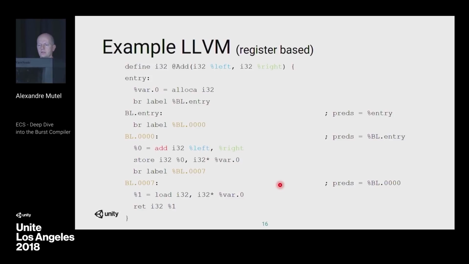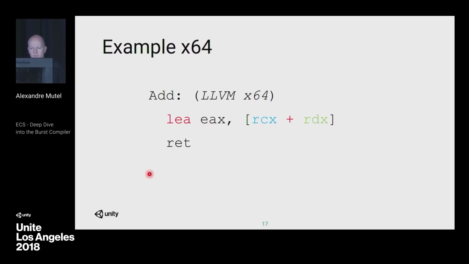You get the left and right argument and the operation here. But it's register-based, and it's regular instructions. So you have the add instruction, the left and right arguments, and the result. And that's what LLVM is producing. That's an optimized version, actually.